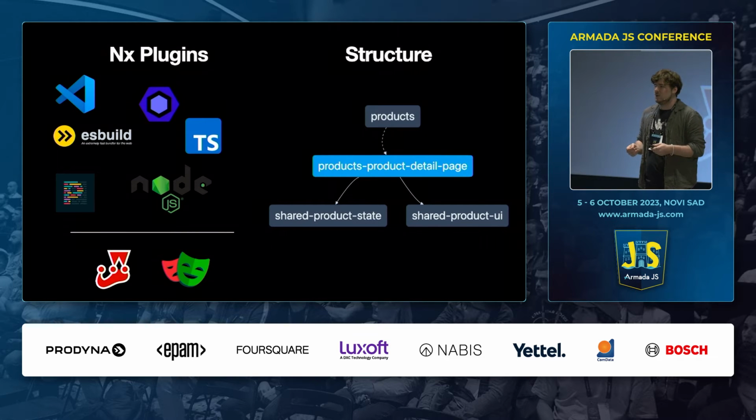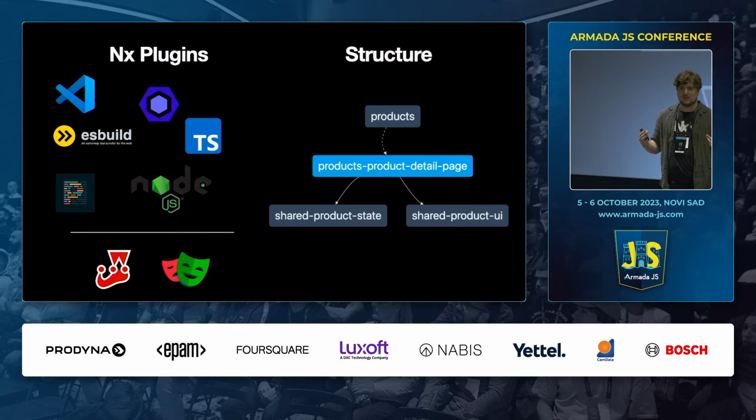And NX plugins integrate all these tools, and they give you mainly two things. There's more, but mainly two things. The first one being generators. So a generator is a way to programmatically update your code. So for example, if you want to use ESLint, you don't have to go to the docs and read, how do I add ESLint to my project? I need to create some config file, and I need to run something in the CLI.